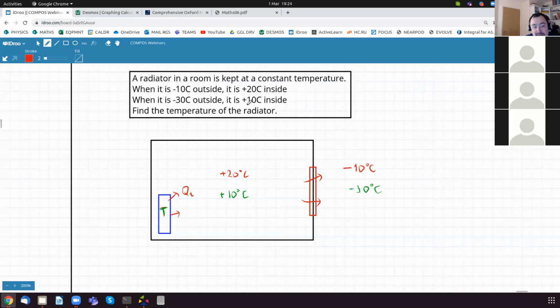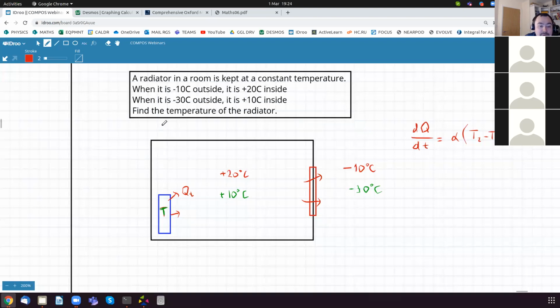And we know that the rate at which energy is dissipated is proportional to the difference in temperatures. This is Newton's law of cooling. We know that dQ/dt, the derivative, is equal to a coefficient multiplied by the temperature difference, T2 minus T1.